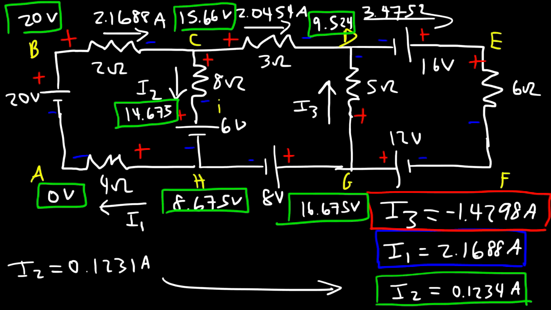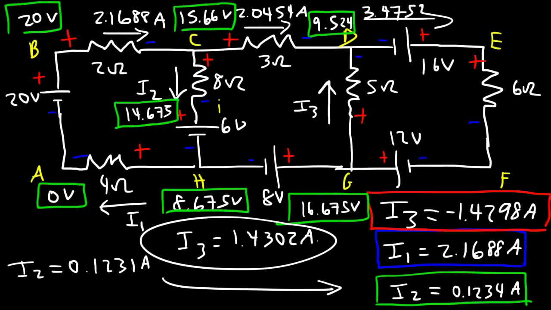If we divide that by 5, that will give us a current of I3, which is 1.4302 amps. And keep in mind, I3 is negative 1.4 going in this direction. But once we reverse it, it becomes positive 1.4. It's no longer negative once we reverse it. And so 1.4298 is approximately 1.43. So this answer is acceptable.